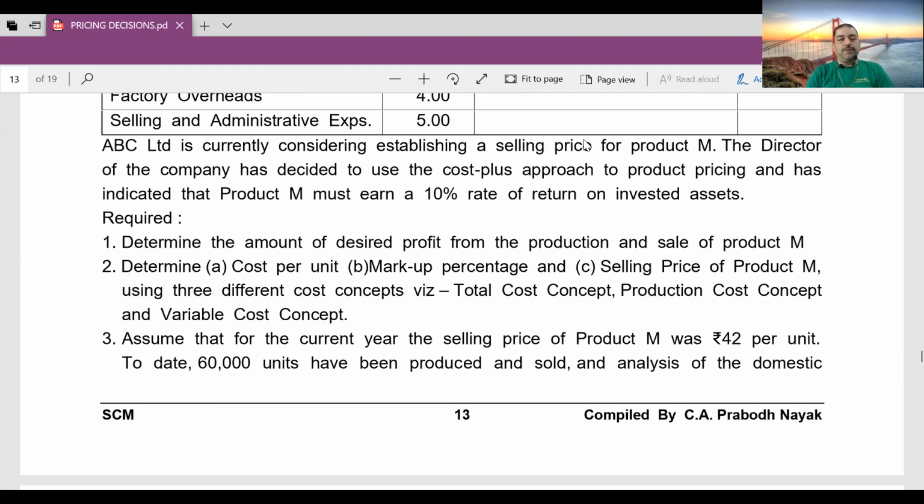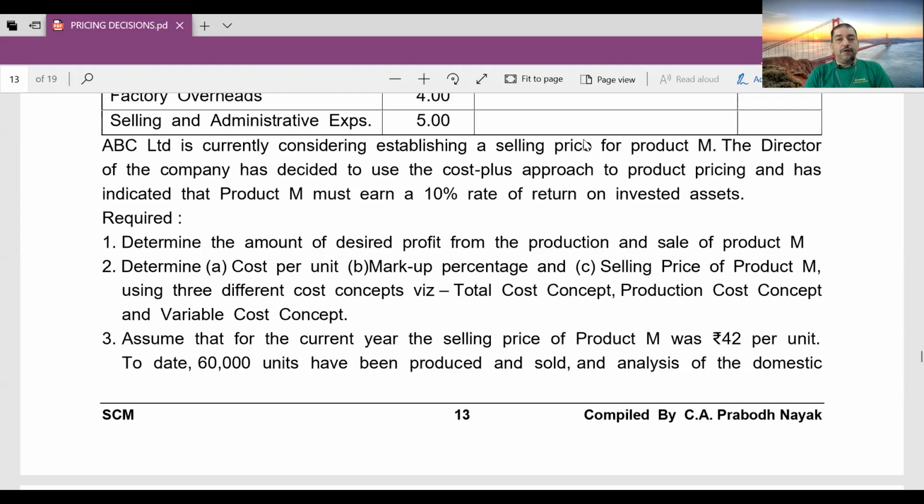Now, cost plus approach means total cost plus a small margin of profit, or we can call it the markup rate. Now, there is a difference between markup cost and cost plus approach. What is the difference? When I use the word markup, it is a percentage on the total cost.